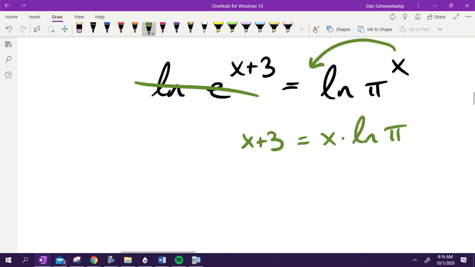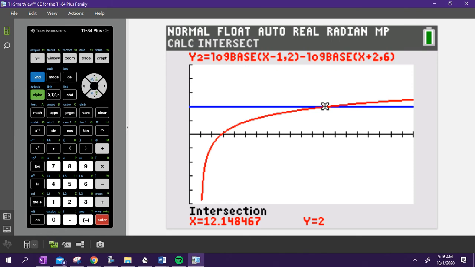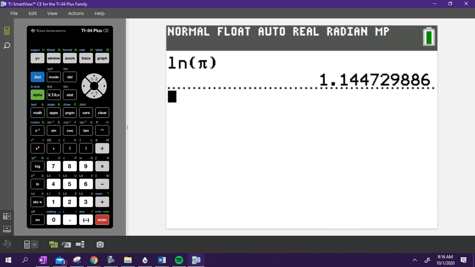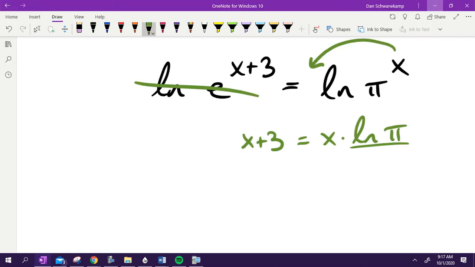And so I can just do this in my calculator. The natural log of pi gets me that number right there, 1.1447, so 1.145. x is equal to x plus 3.